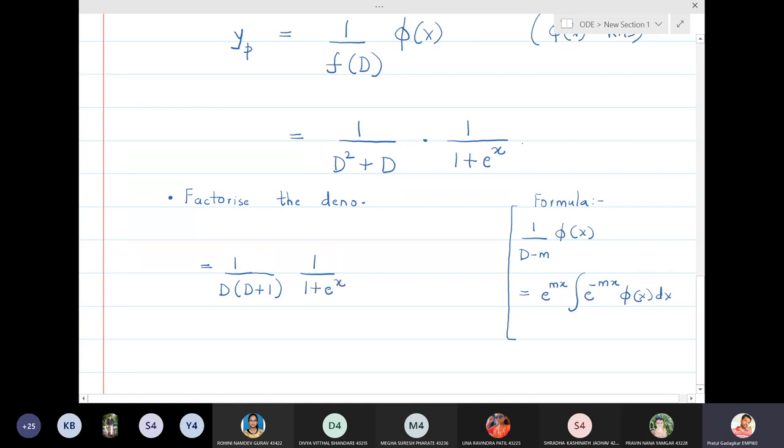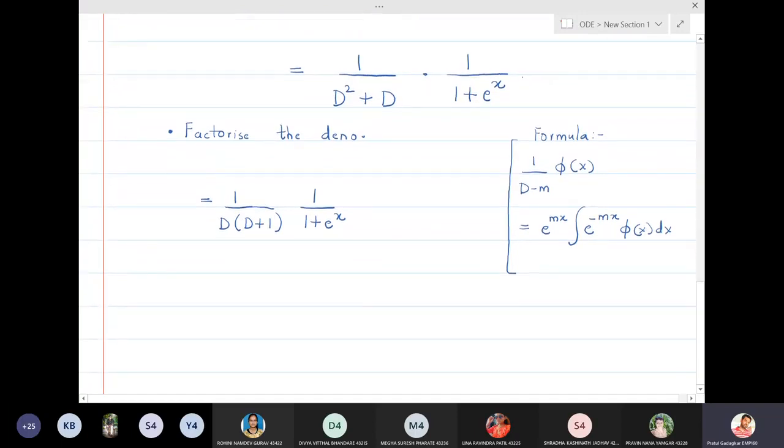Once you factorize the denominator, now you have two options. Either you write the partial fractions, A/D + B/(D + 1). Do not write this step currently; copy only up to here.